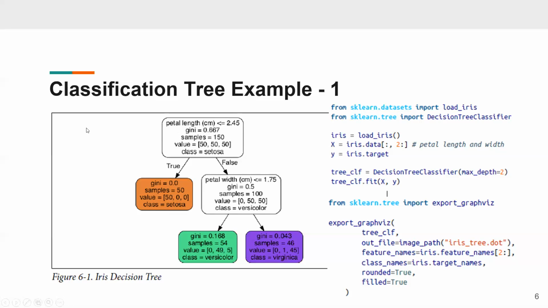Let's also look at the total number of samples. You have 150 samples, 50 of them belong to the left node, and the other 100 go to the right node. Originally you have 50 of setosa, 50 of versicolor, and 50 of virginica. The Gini index for the whole dataset is around 0.667.